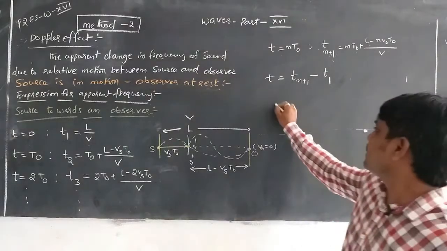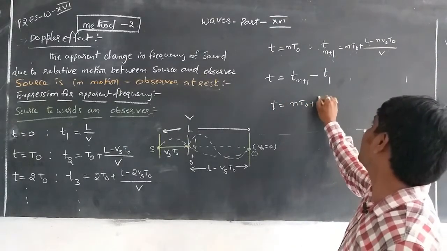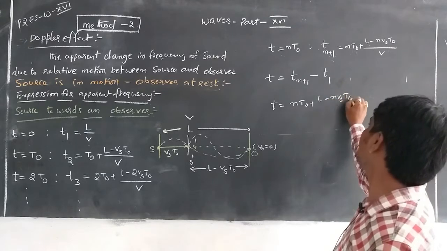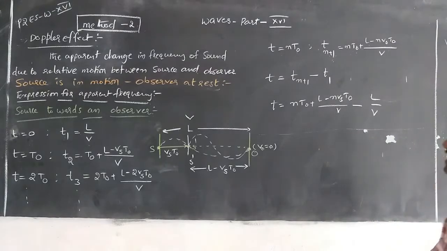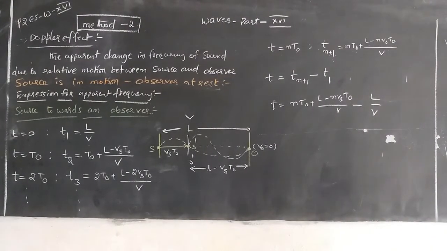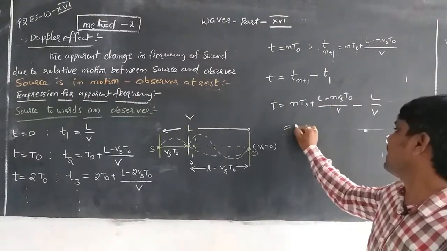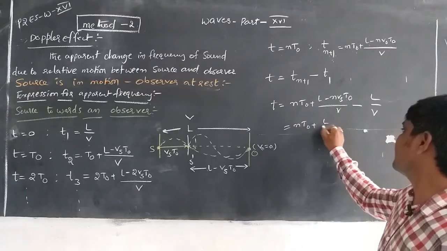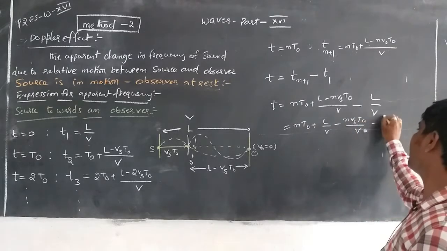So t is equal to n t naught plus L minus n Vs t naught by v, minus L by v. Calculating this, t naught is common, so we write n t naught plus L by v minus n Vs t naught by v minus L by v.